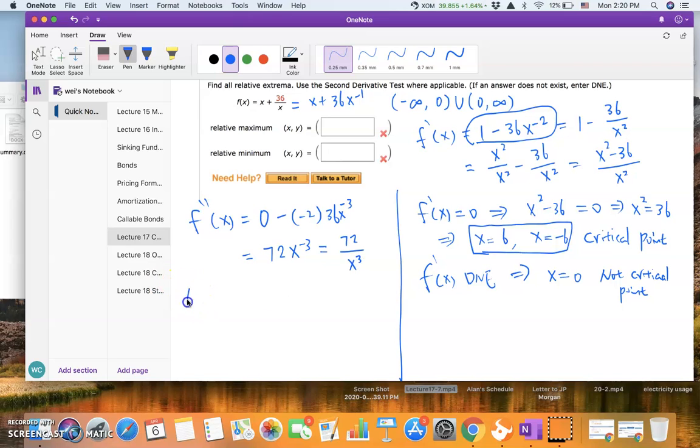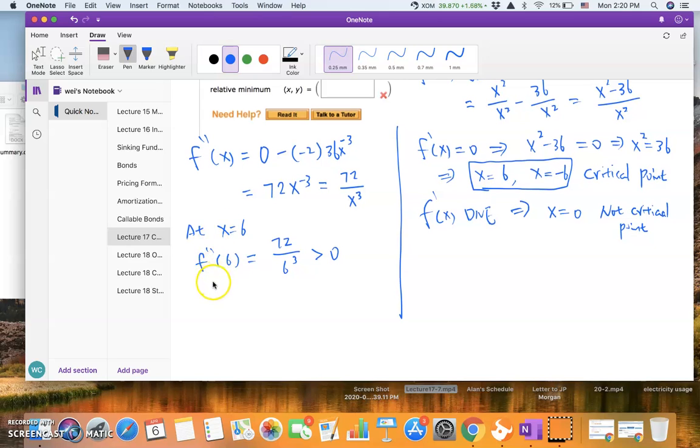Okay. Now at x equals 6, the second derivative is 72 over 6 to the third, which is positive. So since it's positive, the function has a local minimum at x equals 6.